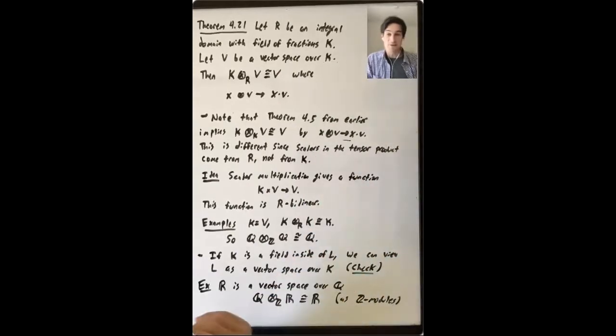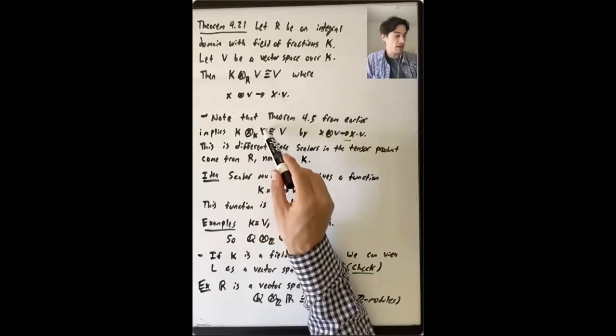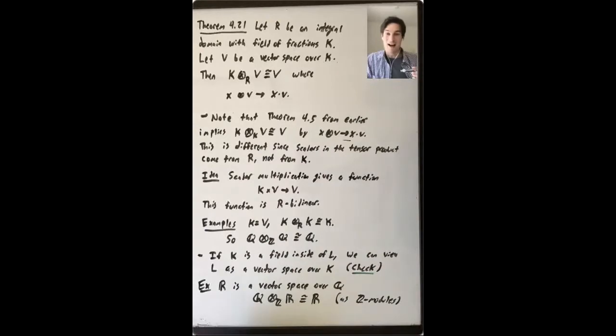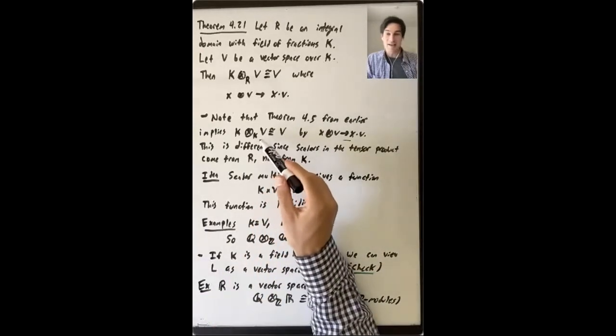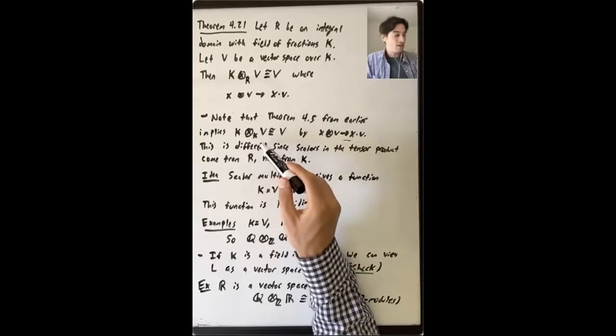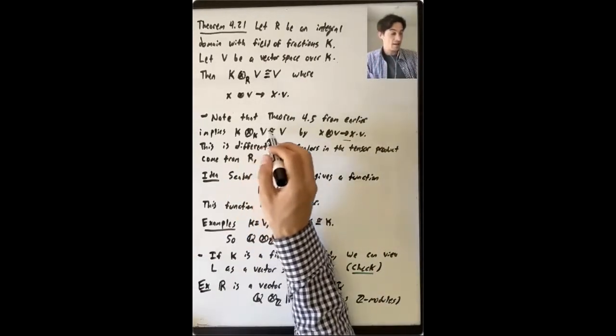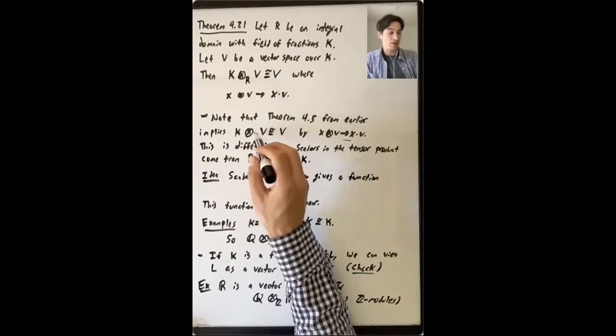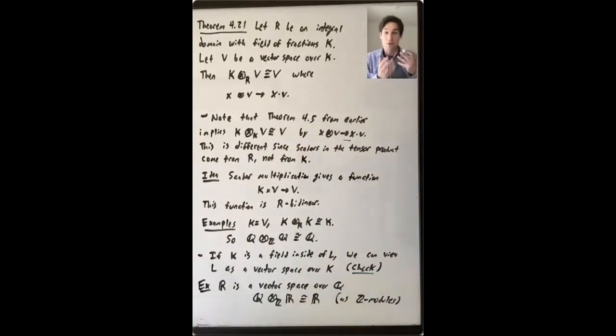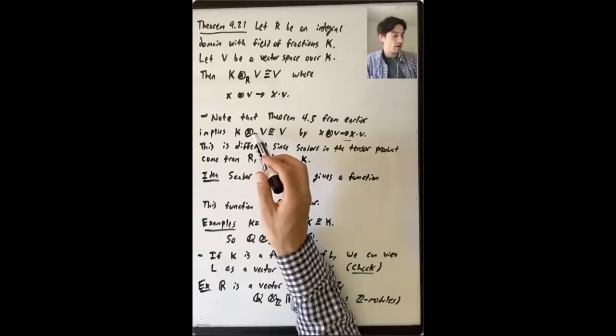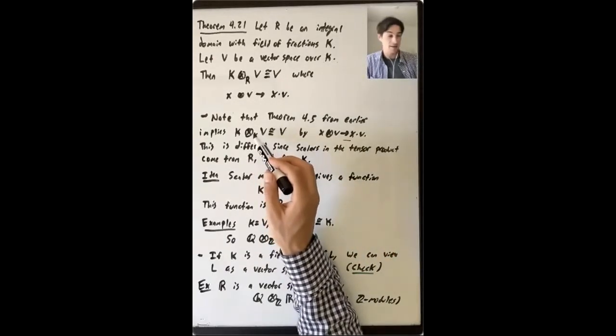But this really is different, because if you think of K and V as K modules, then in the tensor product, you have this action of K on K and this action of K on V, and you can move around these scalars within your tensors. And the scalars here in this example come from K.